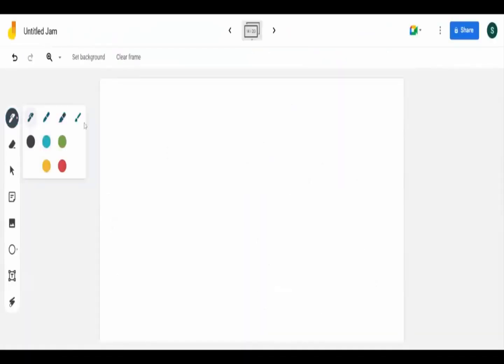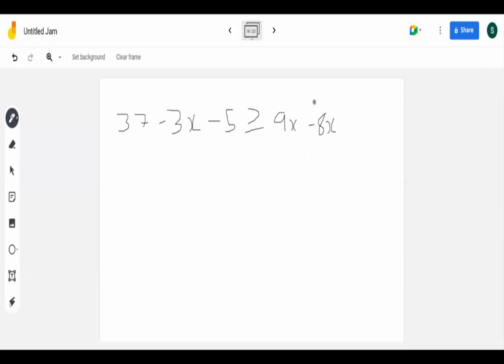So we can write it 37 minus 3x minus 5, opening the bracket with minus 3x minus 5 is greater than or equal to 9x minus, again opening the bracket with negative sign, minus 8 times x minus 3 is minus 8x plus 24. As you can see, this is 32 minus 3x, 37 minus 5. This is 32 minus 3x greater than or equal to x plus 24.